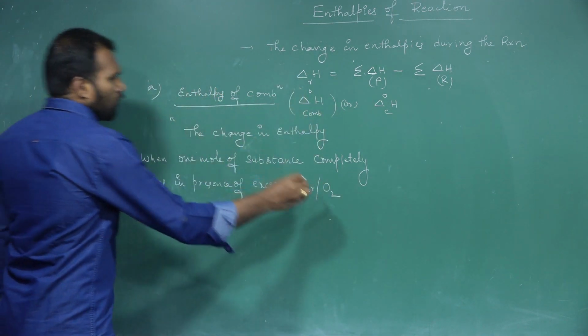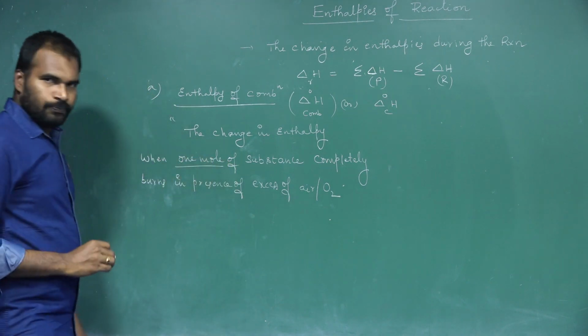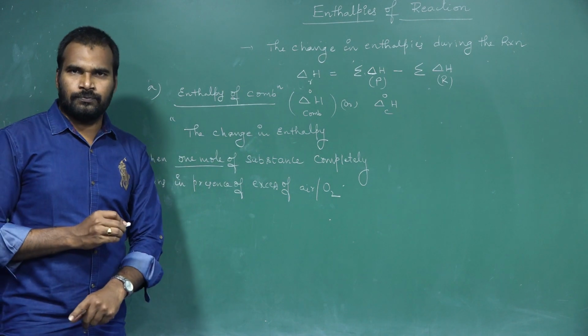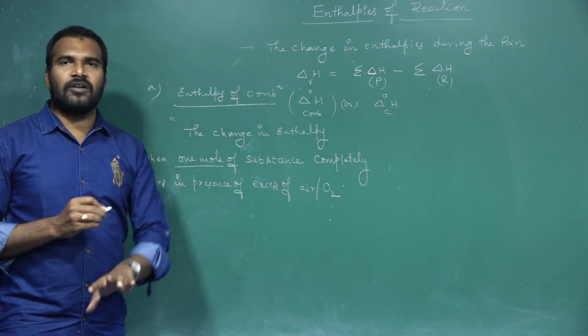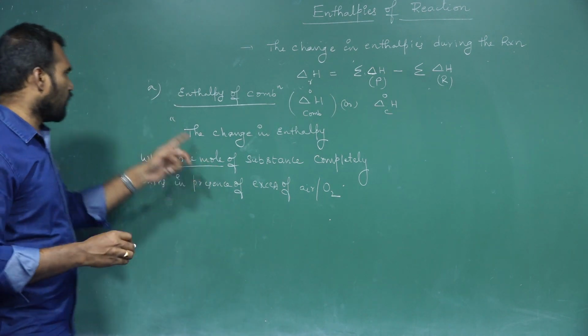See here, compulsorily the substance should be 1 mole. When 1 mole of the substance is completely burned, whatever the heat changes take place while burning that 1 mole of the substance, that we call as what?